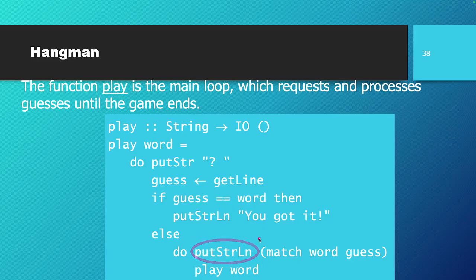now we have a new thing, put string. Well, what is this? This is actually another function that takes the word, which is the word that the manager or the gamekeeper typed in, and this is your guess.